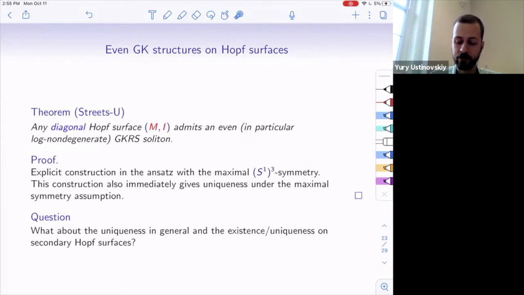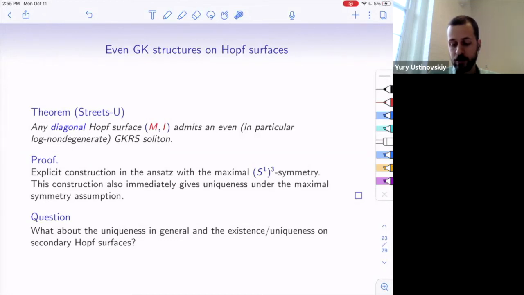So if you put a maximal symmetry assumption, this is a maximal compact subgroup in the automorphism group. If you impose this symmetry, then the soliton equation reduces to an ODE, which you can solve explicitly, and solving the ODE actually gives you also immediately uniqueness under the symmetry assumption.